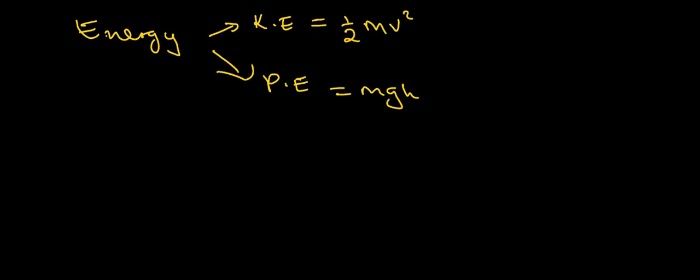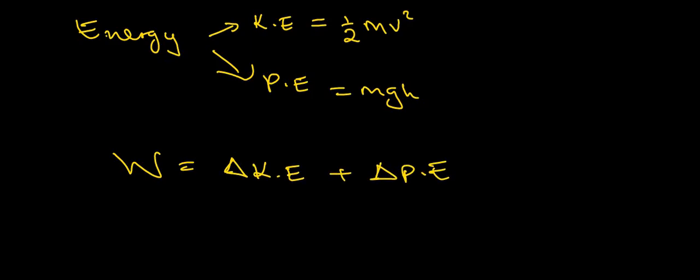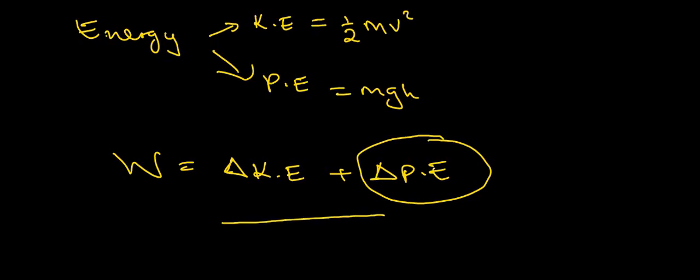And we said there's what we call the work energy theorem. The relation between work and energy is that work is simply the change in kinetic energy plus the change in potential energy. I emphasize that potential energy is taken to be 0 because whenever kinetic energy is involved, your object is moving in a horizontal line.